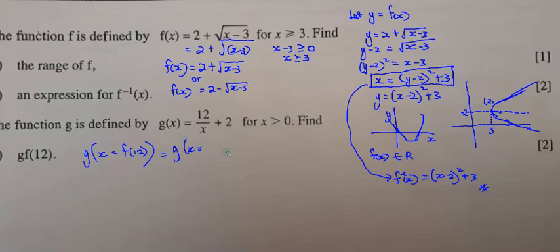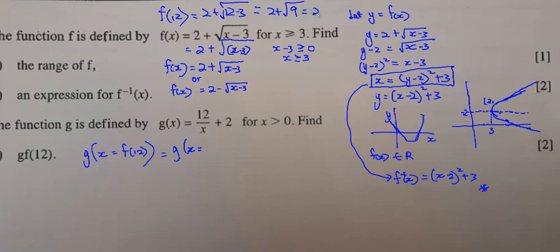Let's substitute here. f of 12 is 2 plus square root of 12 minus 3, 2 plus square root 9.